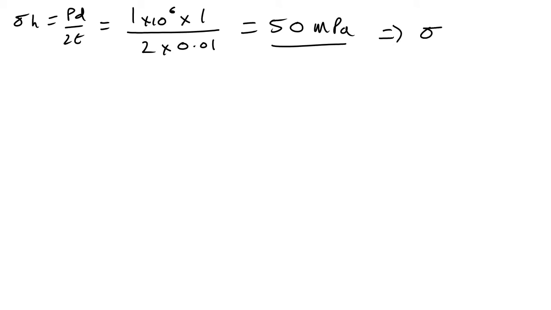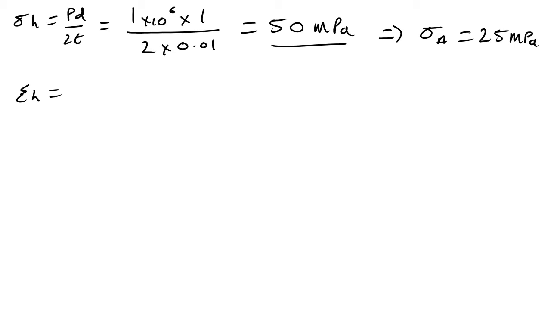Knowing that, we know that our axial stress, I'm going to be a bit lazy here and just assume that, without doing the calculation, that's going to equal 25 megapascals, because we know that the axial stress is over 4T in the equation rather than 2T.